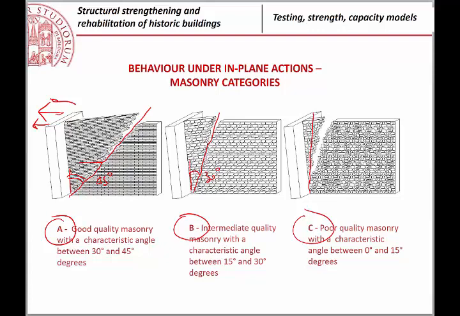Remember this picture, very similar to the picture we started with, okay? So you remember when we said that typically in all buildings you have this situation, so we don't have the possibility of distributing the loading, and if we have connections, the angle of connection of the transverse wall with respect to the longitudinal load is close to 0.